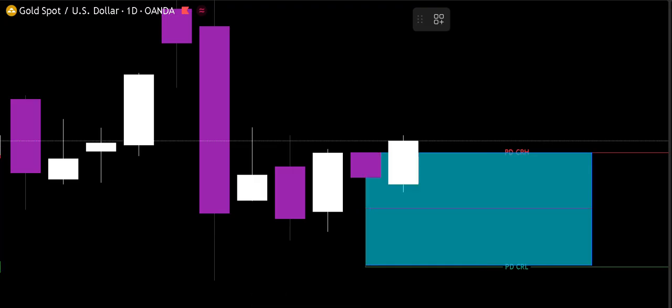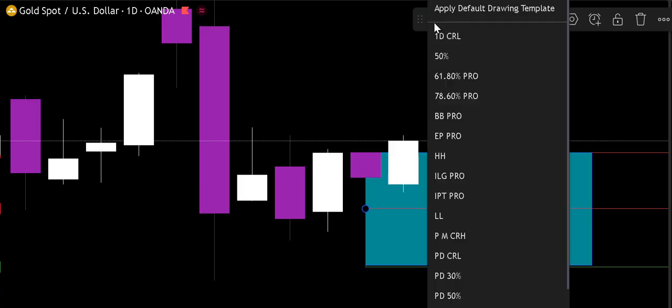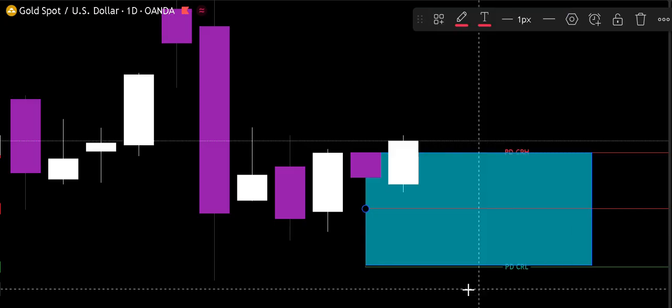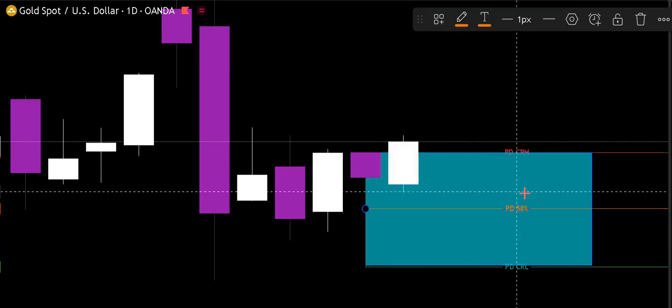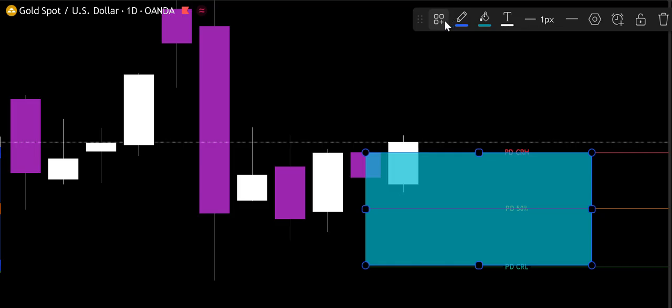You need to switch off the magnet because it's professional level. After that, you put 50% and name it PD 50%. After you get PD 50%, you understand how the market participated yesterday.